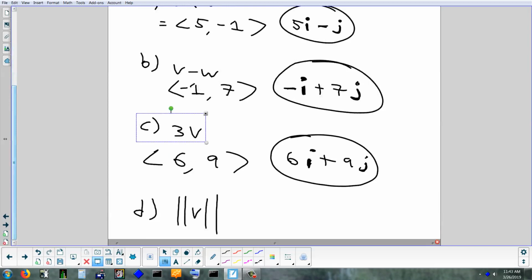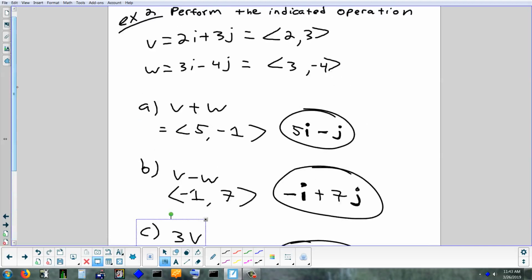The magnitude of v. All right, so Sam, if I want to find the magnitude, can you tell me what I would write down first? The square root. Yep. I would start with the square root of 2 squared plus 3 squared.